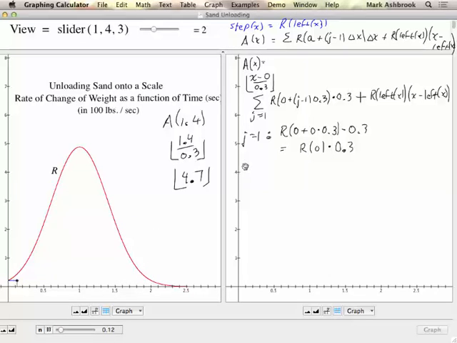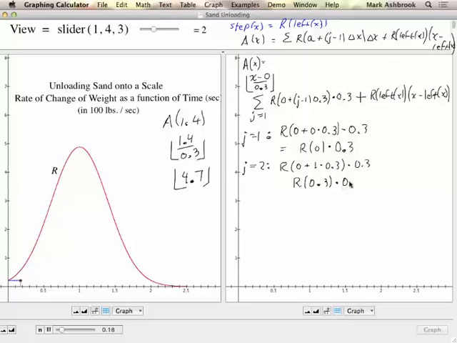Okay, j equals 2. R of 0 plus 2 minus 1, or 1 times 0.3, times 0.3, which is r of 0.3 times 0.3.